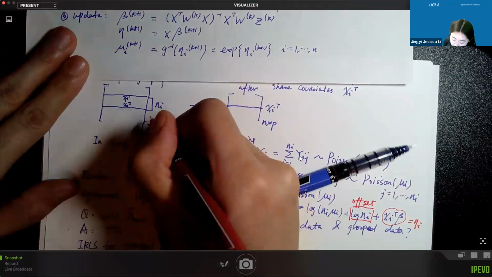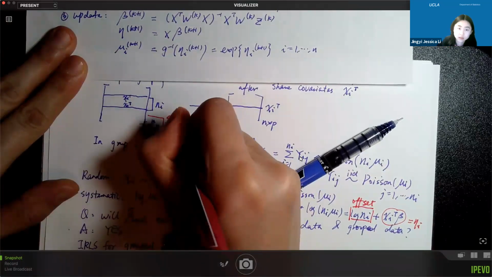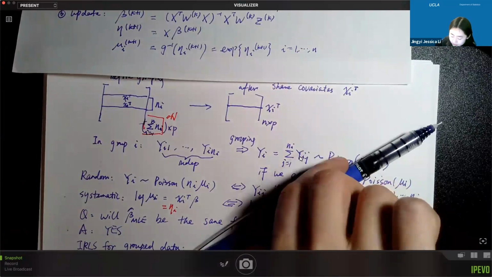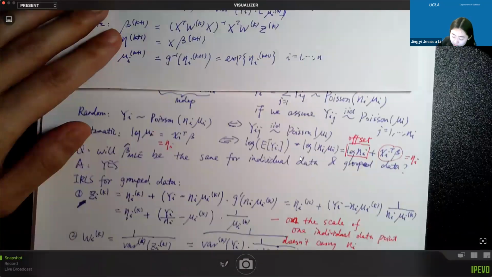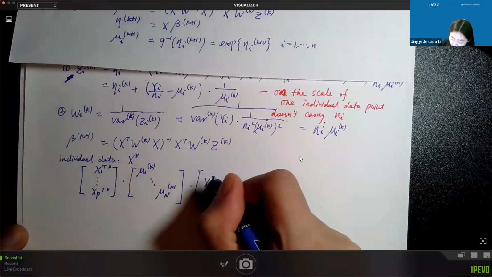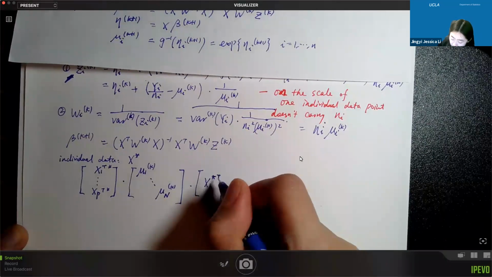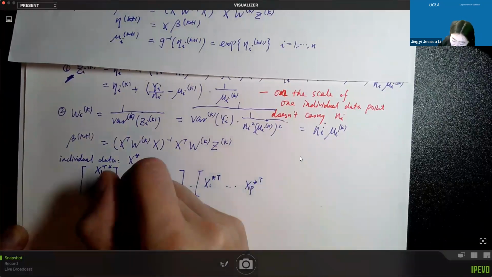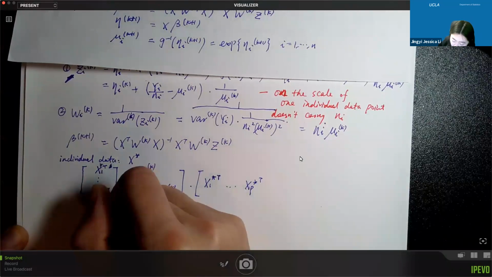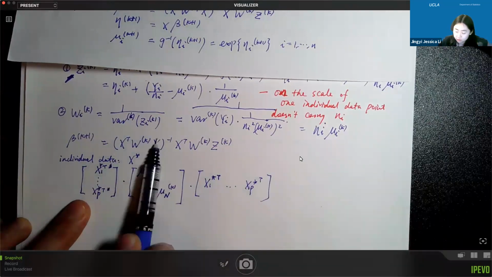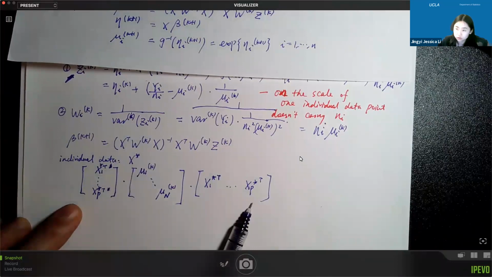I call this part capital N, the number of individual data. And what I would have here is just XI star transpose to XP star transpose. Yeah, I should put star here, so you know what I mean. So this is what I would have before the inverse. This is what I have for individual data.